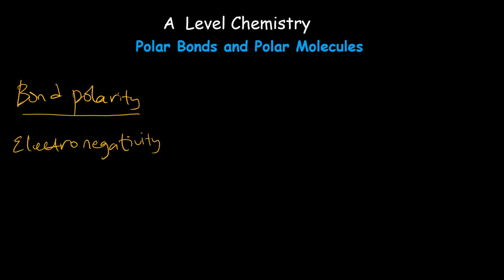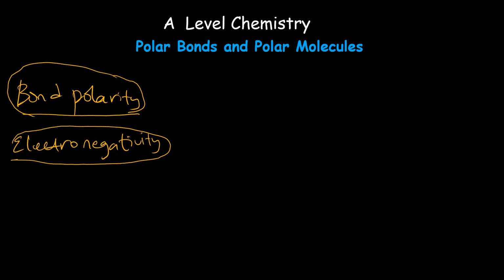Every atom has what we call an electronegativity value. The difference in this electronegativity value is what results in uneven sharing of electrons, and that is what bond polarity is all about. Now, what is electronegativity?